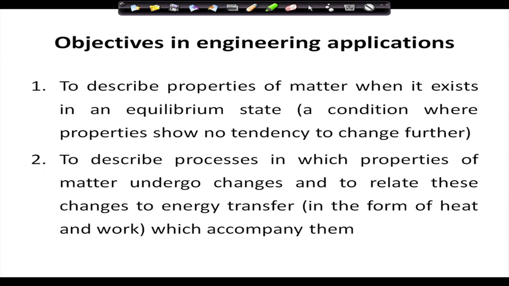Only when it interacts with the surroundings due to some energy interaction between that portion of matter and the remaining portion will it undergo some change in its state, which will be manifested by a change of some of its characteristics, which we are going to estimate experimentally or theoretically, and relate these changes of the properties or characteristics of that content of matter with the energy interaction it had with its environment or surroundings.